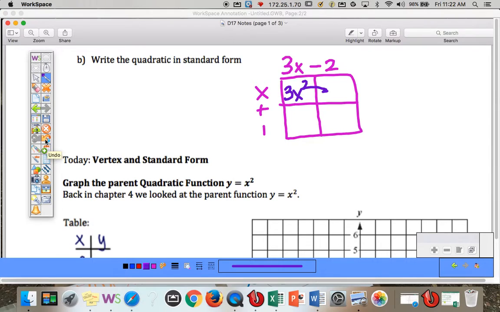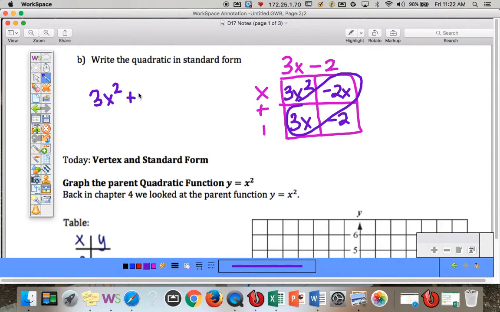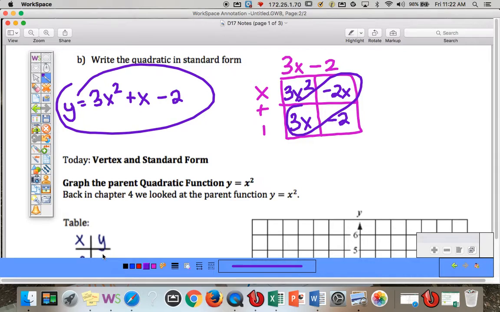We'd have a negative 2x. We'd have a 3x, and we'd have a negative 2. So then when we write it out, we write the highest power first, 3x squared, combine like terms, 3x minus 2x is x, and then we have our minus 2. So here's the equation in standard form, no parentheses.